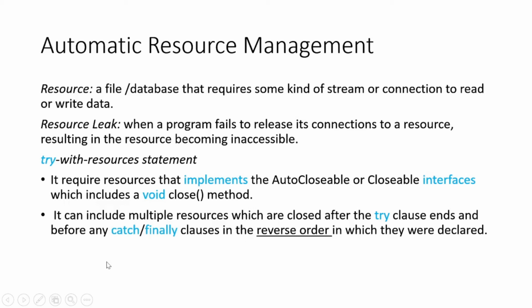We open the resource, we read or write the resource, and then we close the resource. We make sure the resource is closed after the completion of the operation. Otherwise, it remains open, and the problem would be a resource leak. You will read about resource leak further during the security.